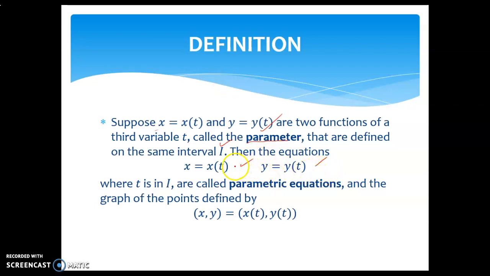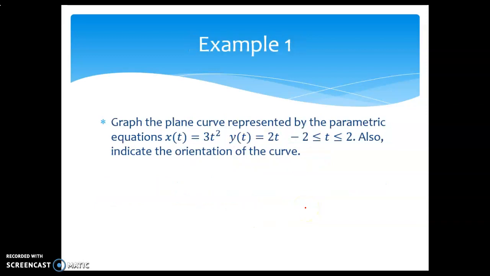Using a parametric equation makes it easier to work with this type of equation. So x would be expressed as x of t, and y would be expressed as y of t.